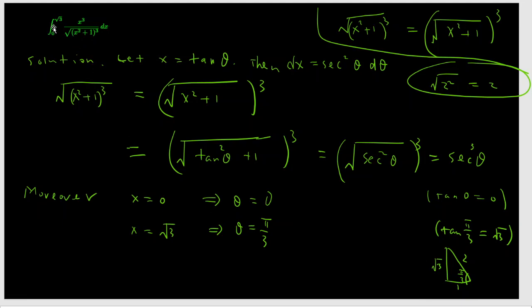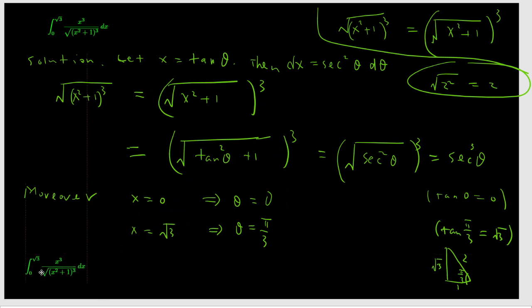Again, for a definite integral, you need to get the theta values for the x values of 0 and root 3. I'm not going to complete the solution to this one, but I will convert the integral to a new integral of theta. If we have time, we'll go back to complete the solution. Now, the given integral.